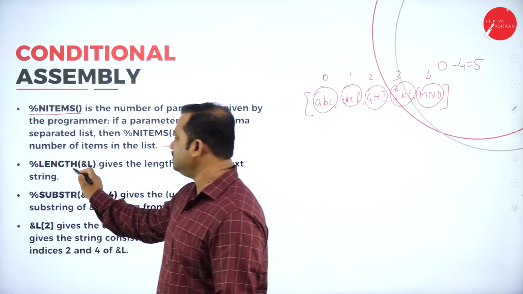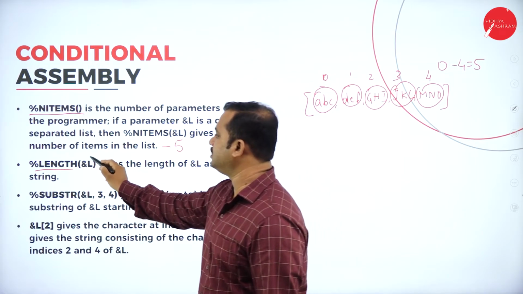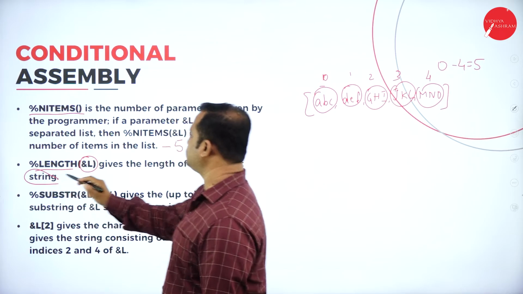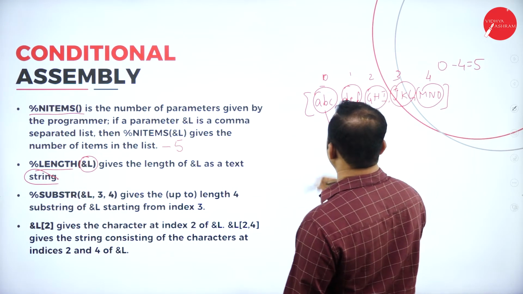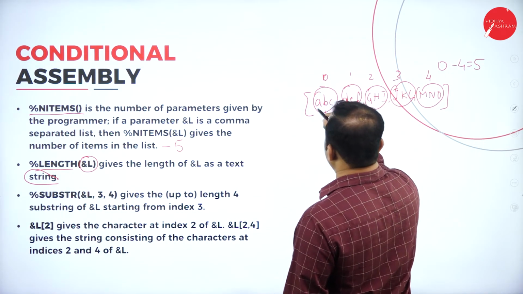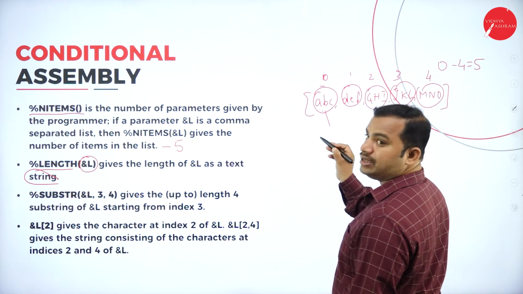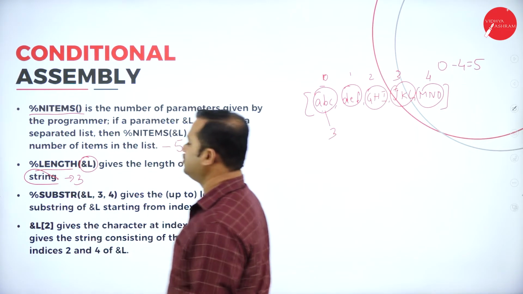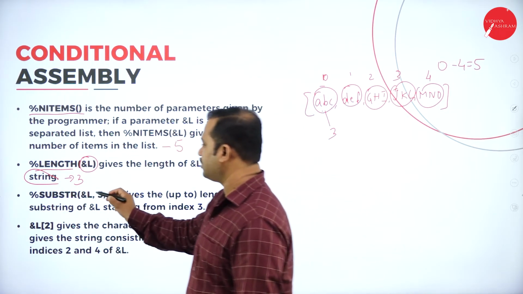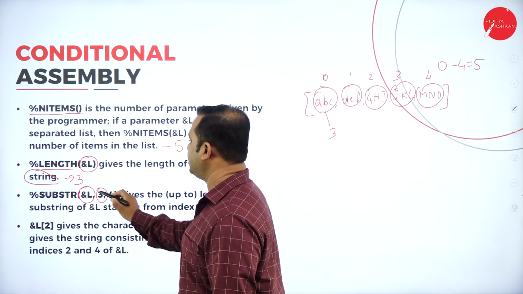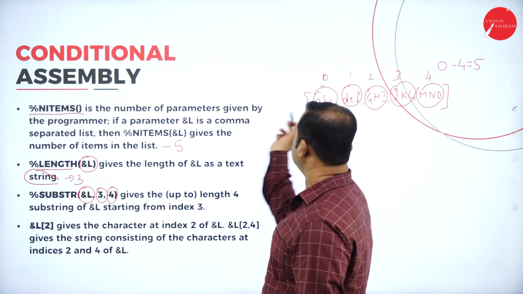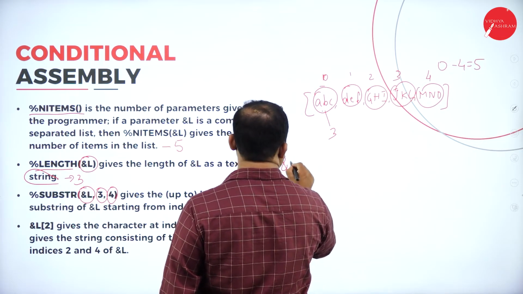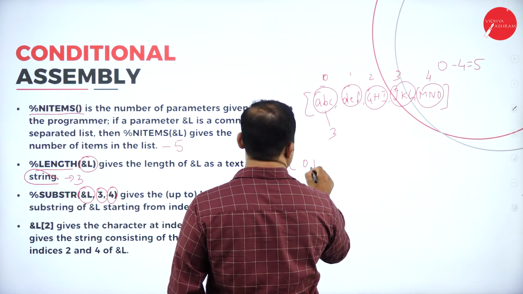Then similarly, length. This takes one parameter, that is ampersand L, which gives the length of the text string. What is the length of the string? The string ABC, that is 1, 2, 3. 3 characters. That returns 3. Then I have a substring. Within the substring, let me consider ampersand L 0 to 1, that is 0 comma 1.